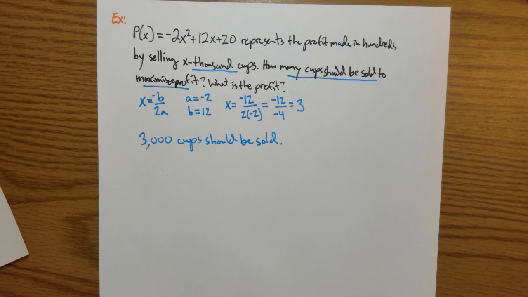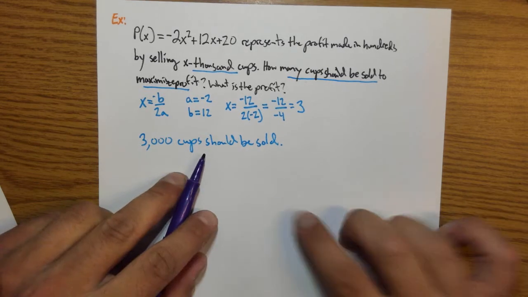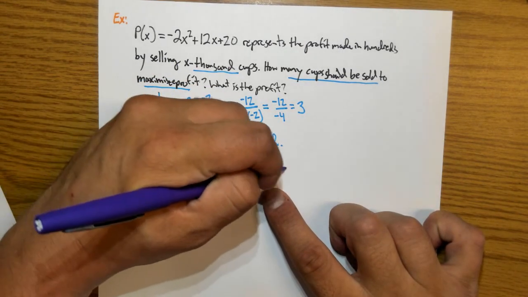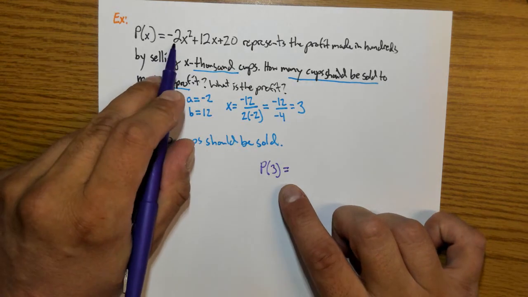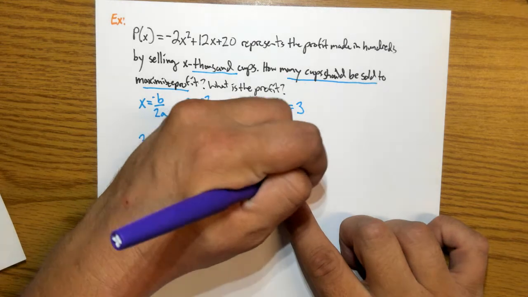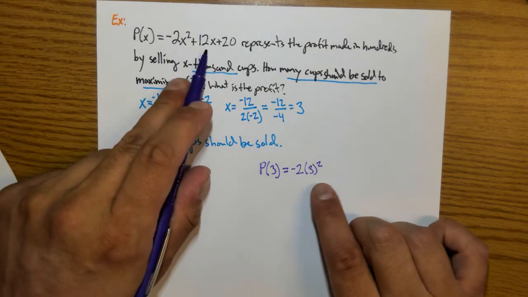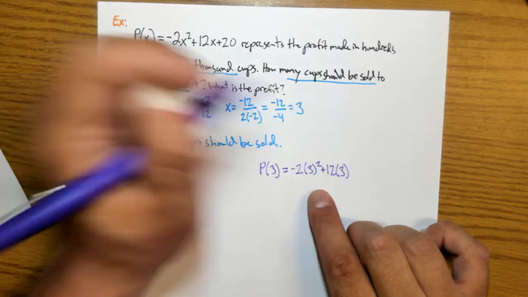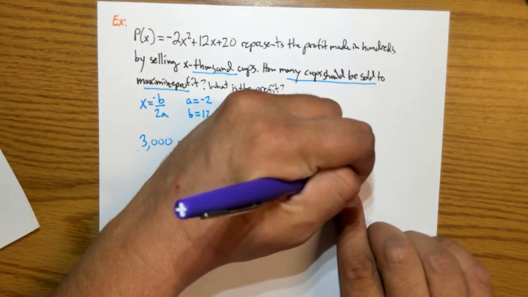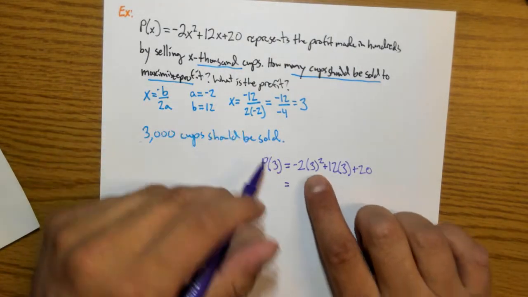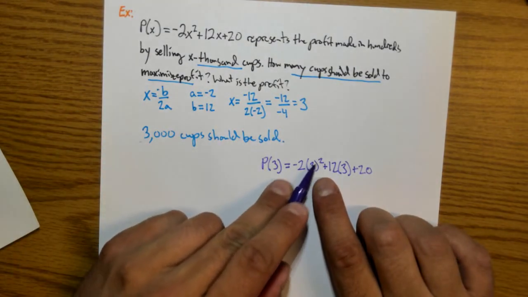So I'll do that in a different color here. We have P of 3 equals negative 2 times 3 squared plus 12 times 3 plus 20. And simplifying, we want to do exponents before we multiply.